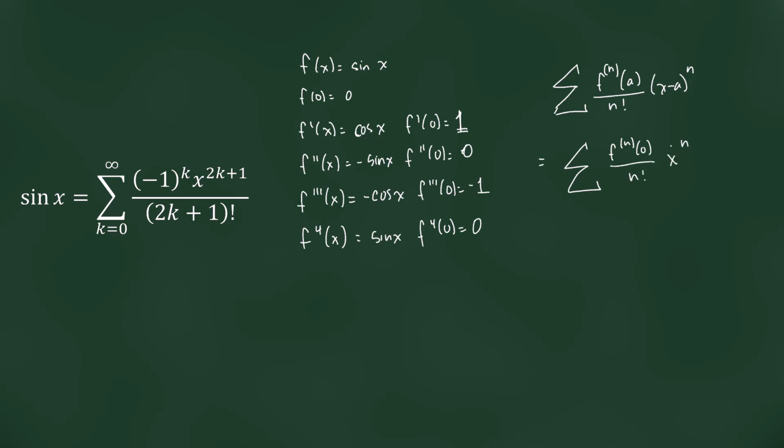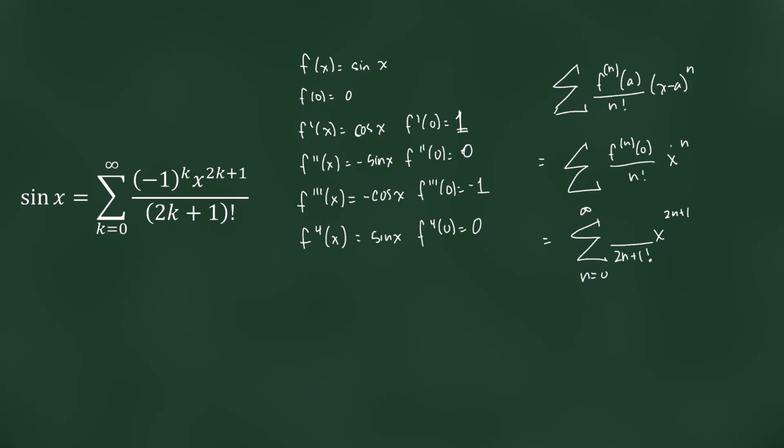But we have to notice that our series exists only for odd powers. Every other term disappears. So the way we write an odd number is as 2n plus 1. So we're going to replace all of our n's with 2n plus 1 so that we are only counting terms where our coefficient is not 0.